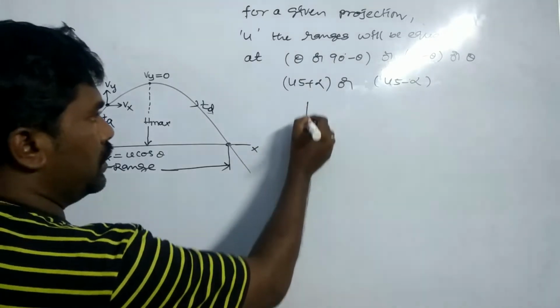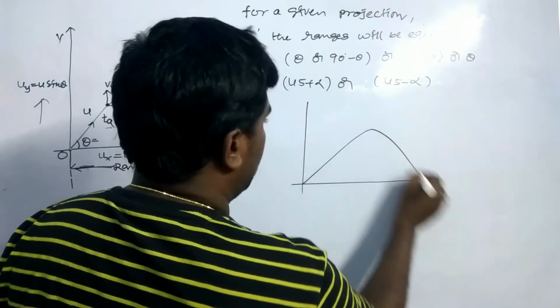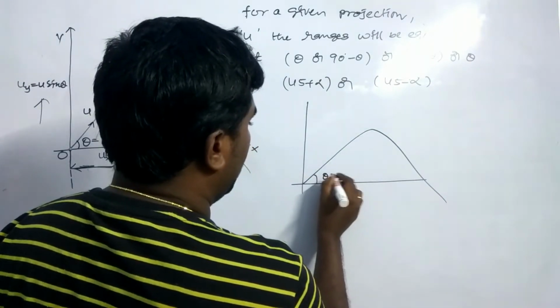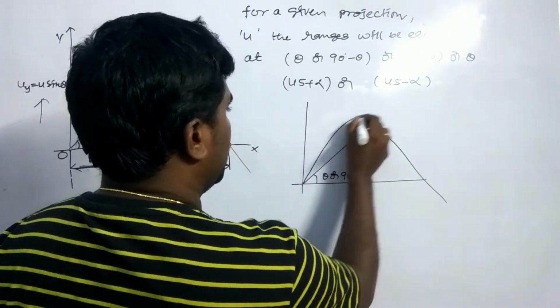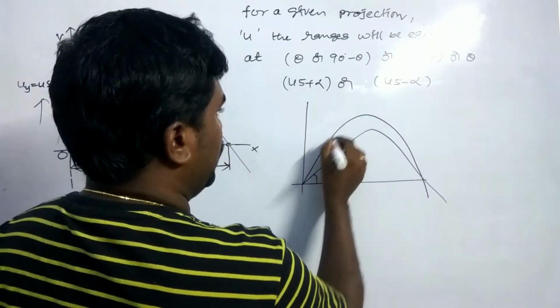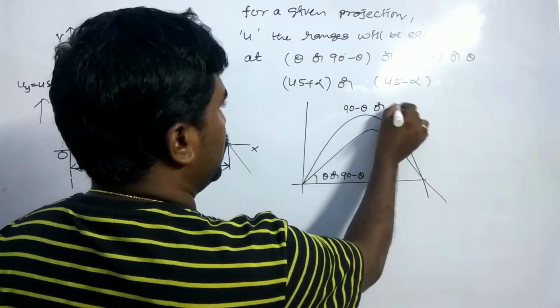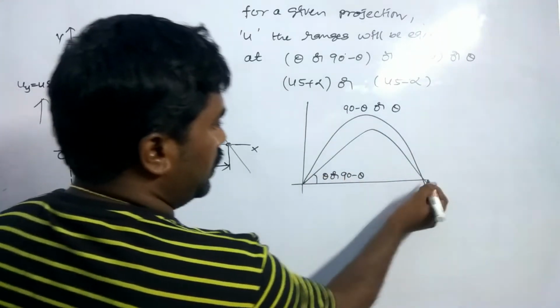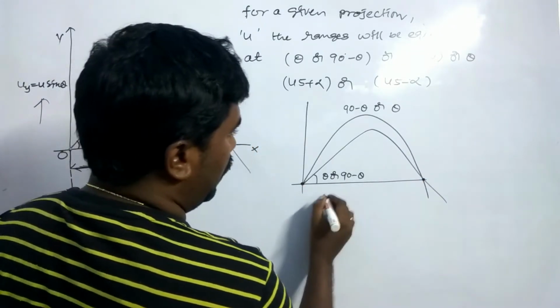Suppose this is the angle of projection theta or 90 minus theta. Here the ranges will be the same.